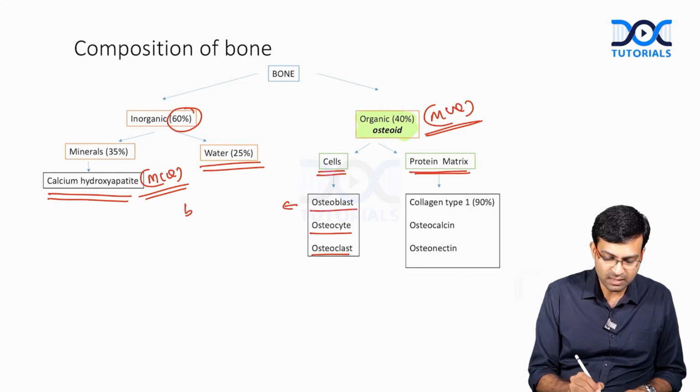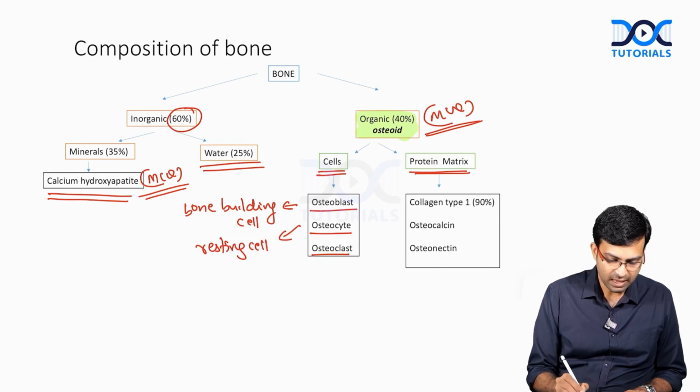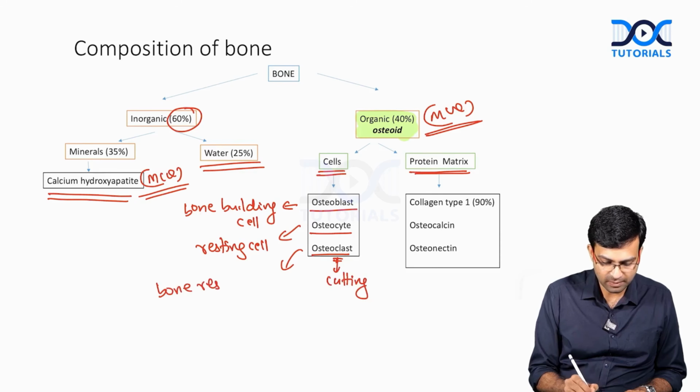Osteoblast, as we discussed, is the bone building or the bone forming cell. Osteocyte is a resting cell, and osteoclast is the bone cutting cell. C is for cutting, which basically means bone resorbing cell.